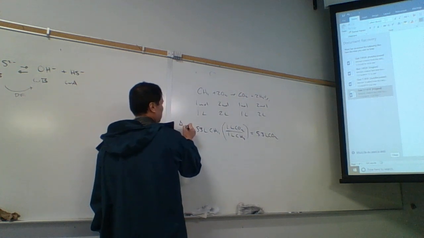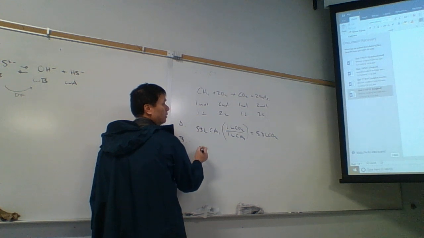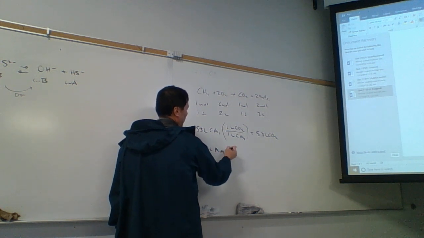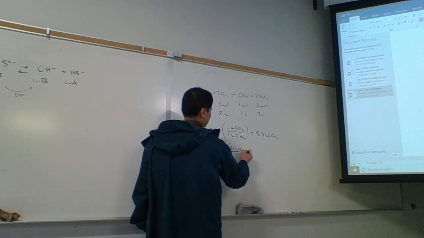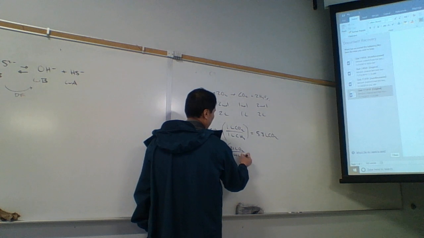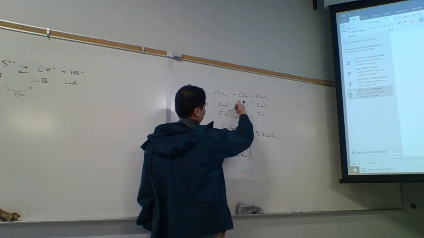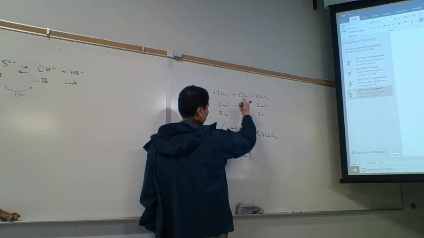That's from part A. Then part B, we're looking at the air. The air is 512 liters of air. But air is not pure oxygen. There's 21 liters of oxygen for every 100 liters of air, according to Avogadro. And then the volume ratio, 2 liters of O2 for every 1 liter of CO2.